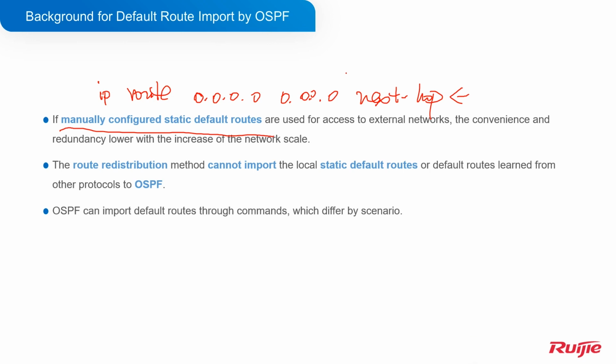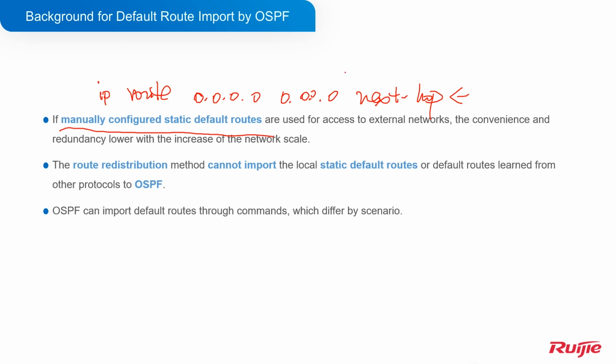And the third, our network sometimes will have trouble. So as engineers, we have to do troubleshooting to debug the network, find the errors, and recover the network services.